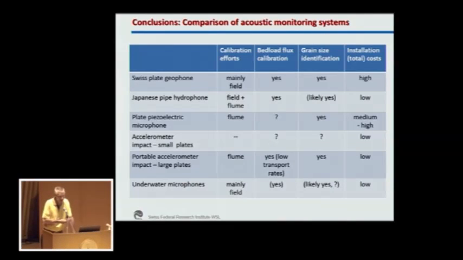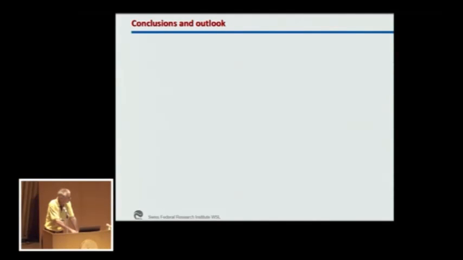Of course, ideally you should use field measurements if we want to apply them in the field later on. There are still some question marks. The second point is that certain systems or sensor and plate combinations are more suitable for certain particle ranges than other systems. These are basically the two main conclusions.